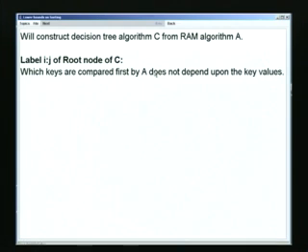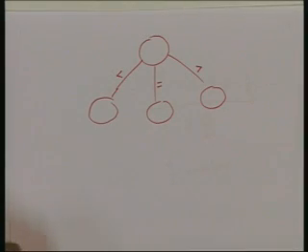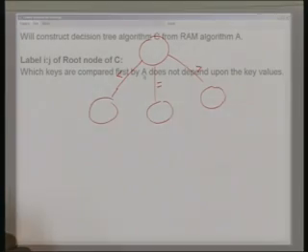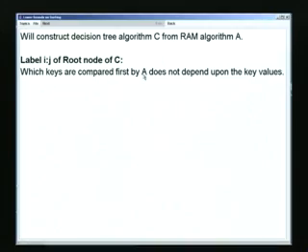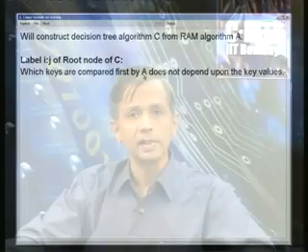Because in fact, the value of any key does not really come into the control structure of A, other than in the comparisons that A does. So if A does a comparison, that's the only time when A can actually peep inside a key value. So clearly the first time that A peeps inside a key value is the first time A does a comparison. And in fact, which keys it compares is going to be the same, no matter what the values of the keys are.